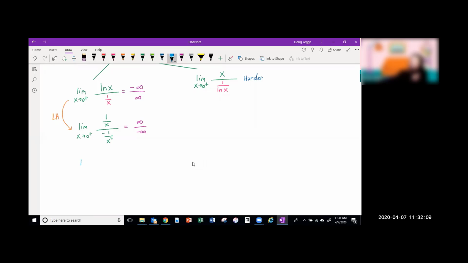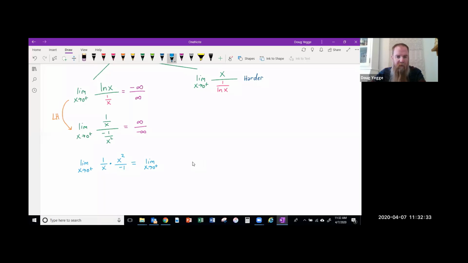Simplify the function, right? So how about just say the limit as x approaches 0 from the right, and now multiply by the reciprocal. So I get 1 over x times x squared over negative 1, which means that really what we're doing is calculating the limit as x approaches 0, and notice that one of the x's cancels.